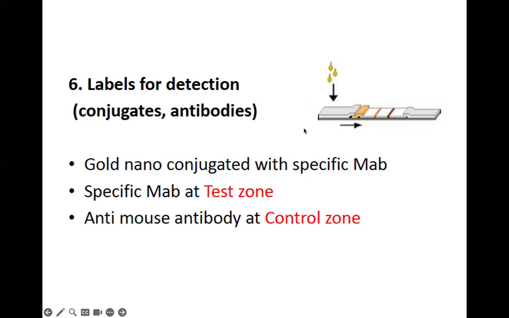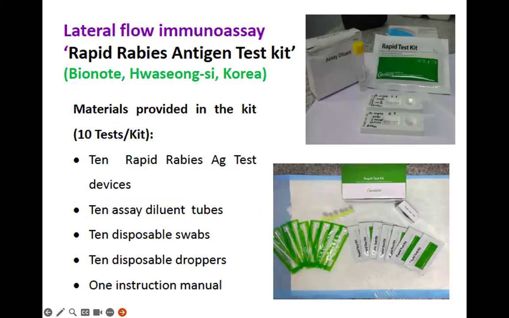Yeah. So the process, as I mentioned, depends also on the chemistry. So right now we are using a very simple chemistry where we conjugate the gold nanoparticle with the capture antibody. So there is no complicated chemistry at this moment. So this is an example.